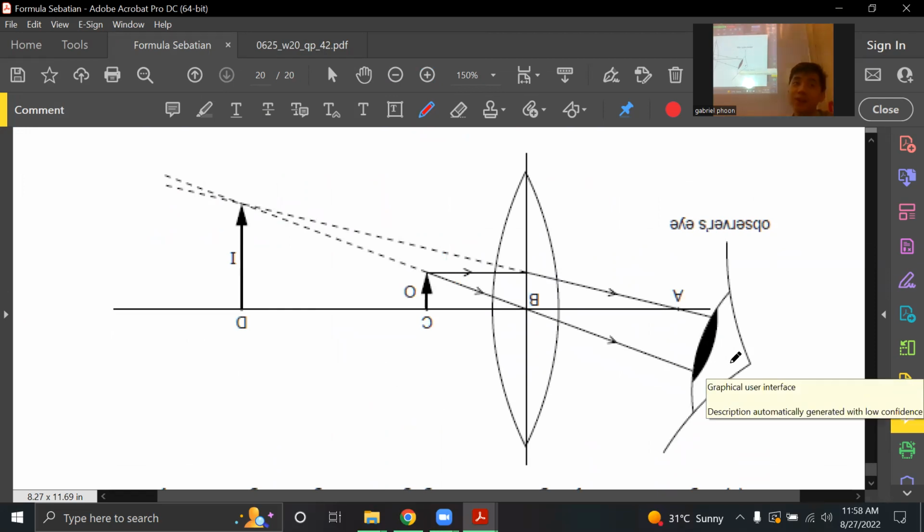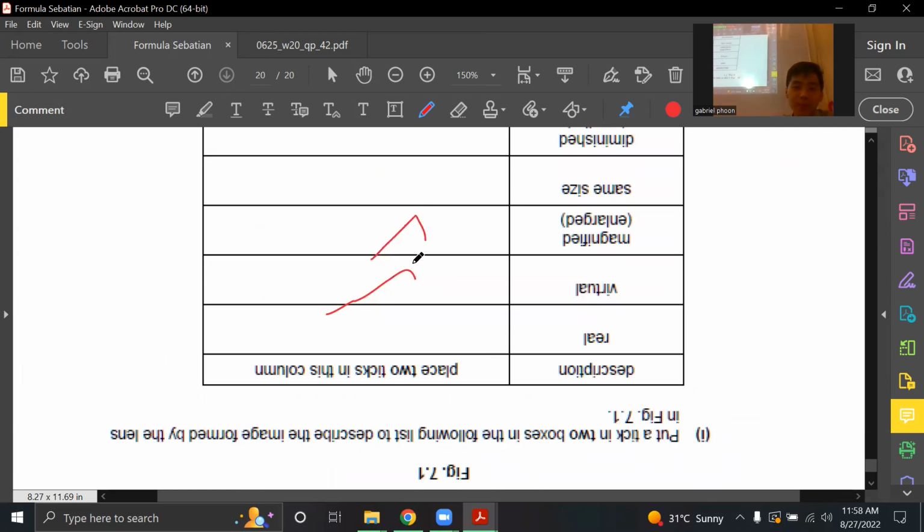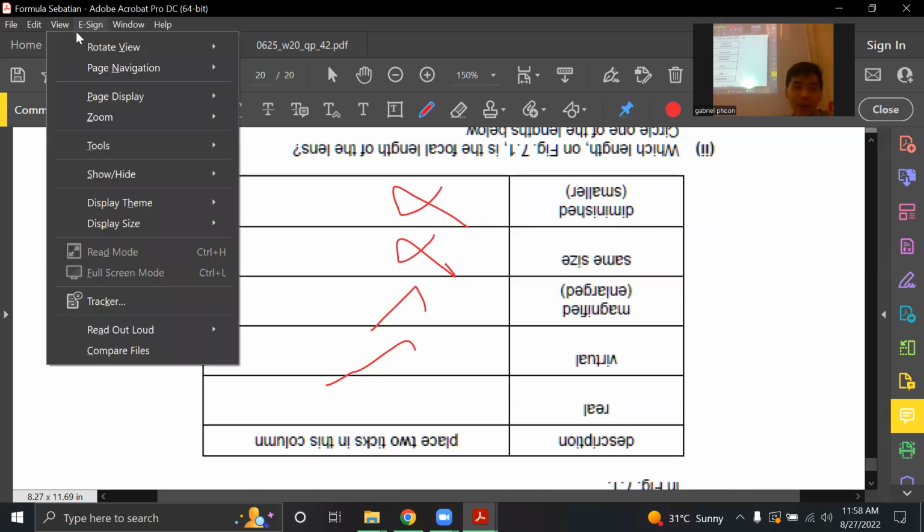And this is definitely going to be a diminishing lens. It's a magnifying glass, and because of that, it wouldn't be much of a magnifying glass if the image was the same size or if it was diminished, would it now? You understand what I'm talking about, right, Abigail?